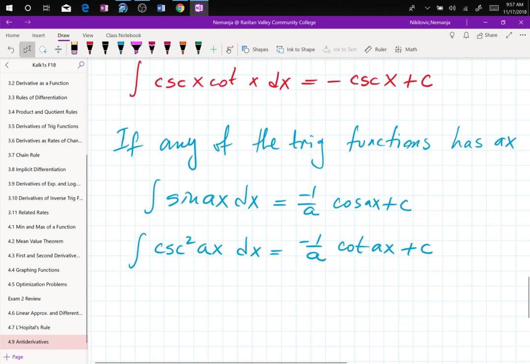So what is the integral of secant 3x tangent 3x dx?